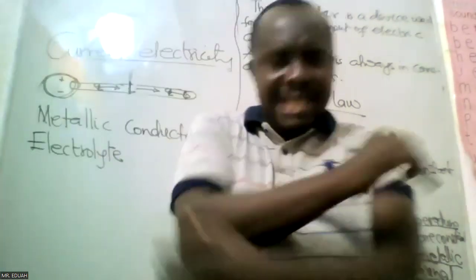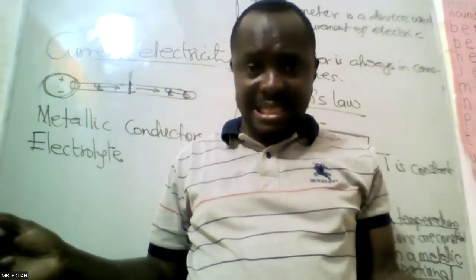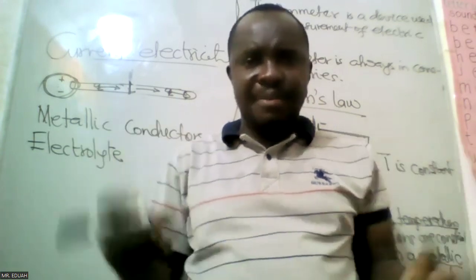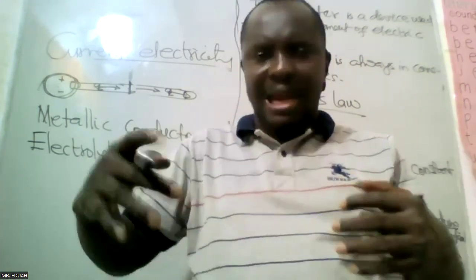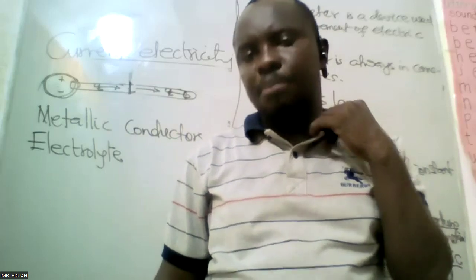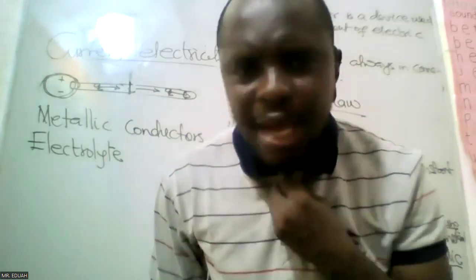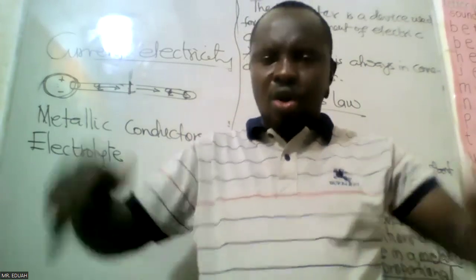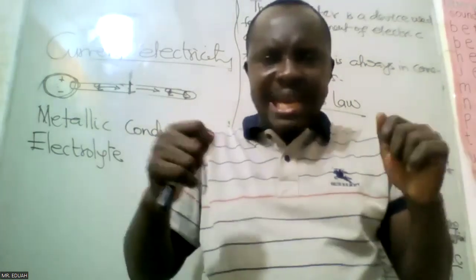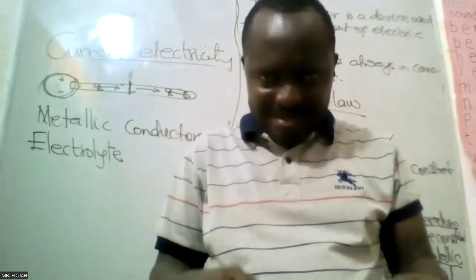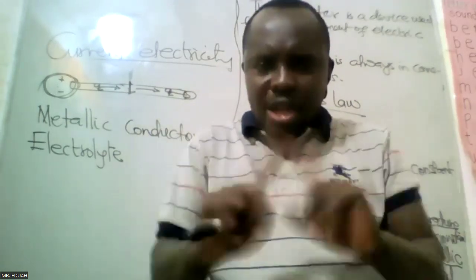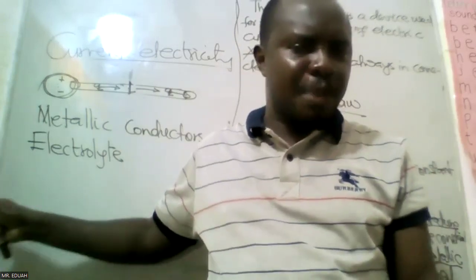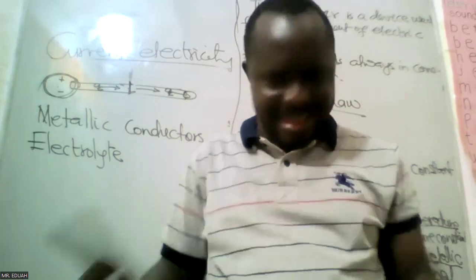So electrolytes such as sulfuric acid, nitric acid, these are solvents that also allow charges to flow, but they do not obey Ohm's law. Even though they are also conductors, for them, V is not directly proportional to I.